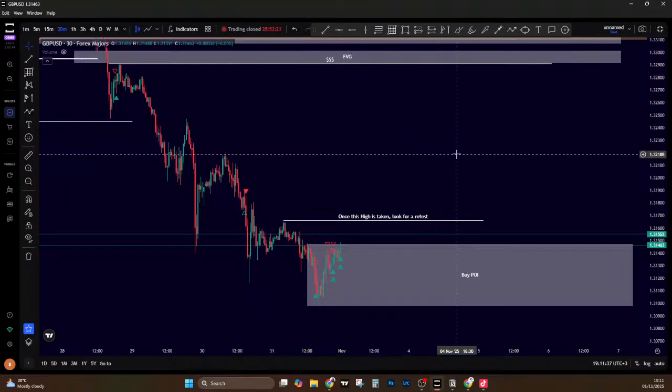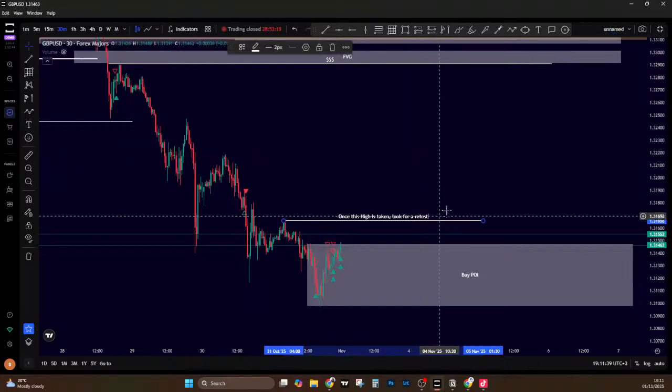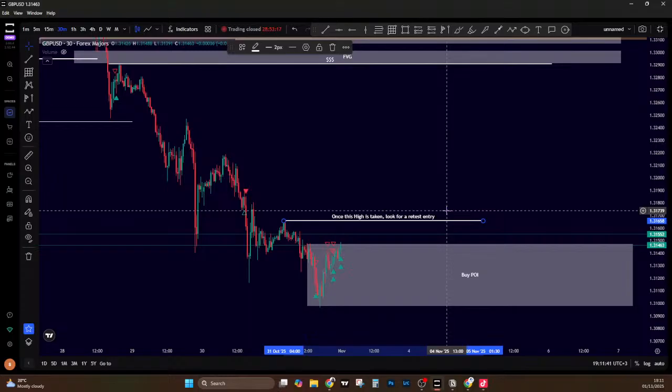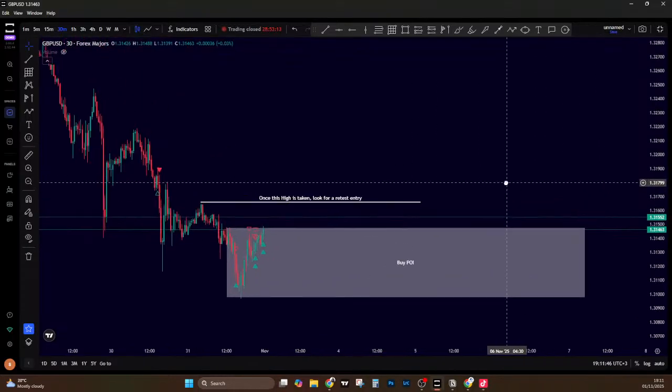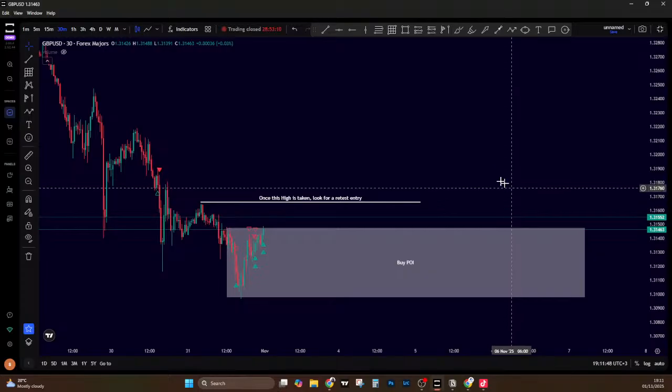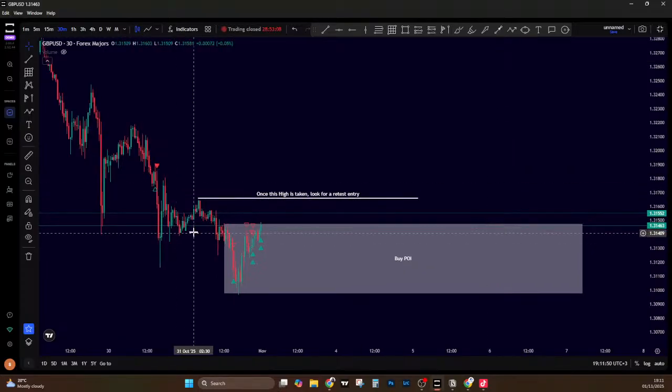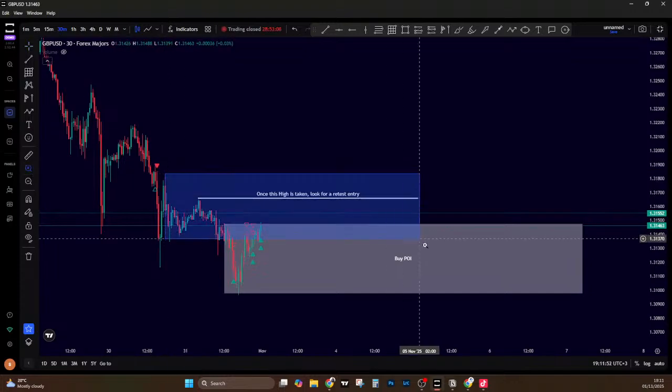Just that. Look for a retest entry. So once that high is taken, I'll be very patient. May God help me. I'll be very patient to wait until that high is taken.